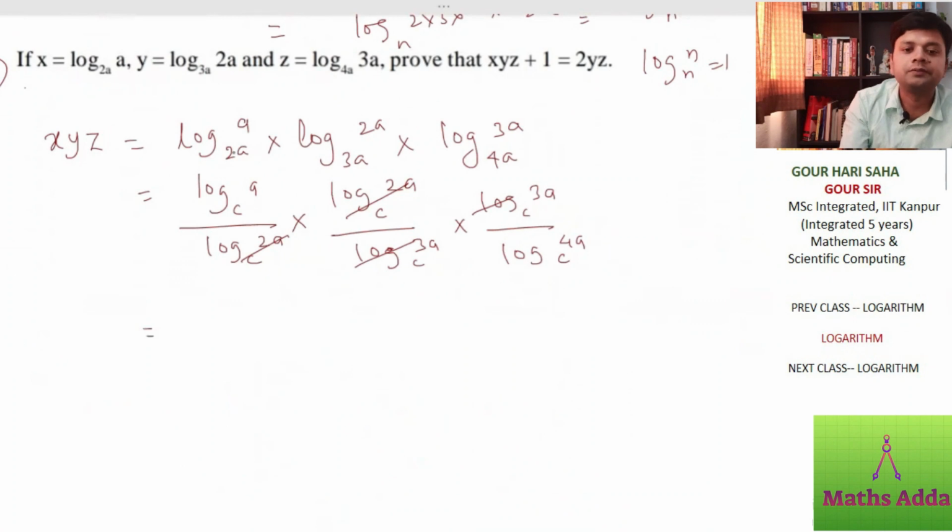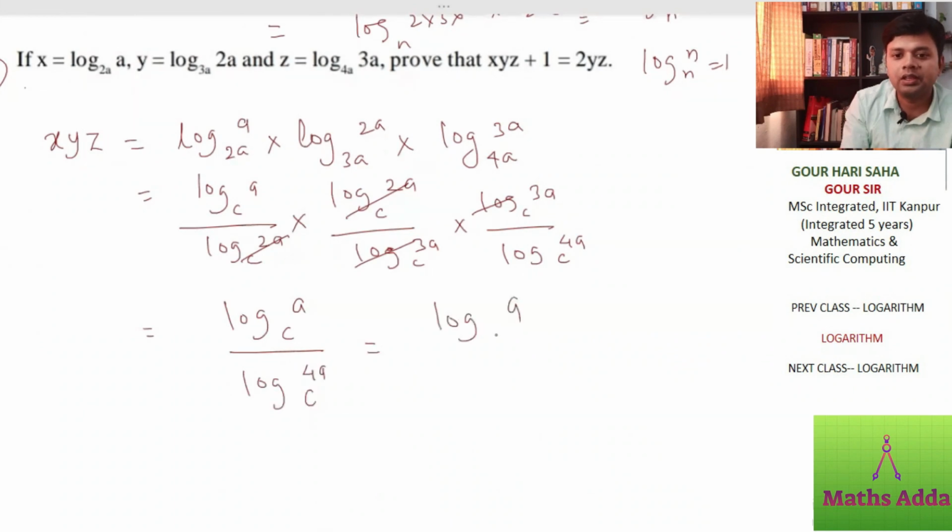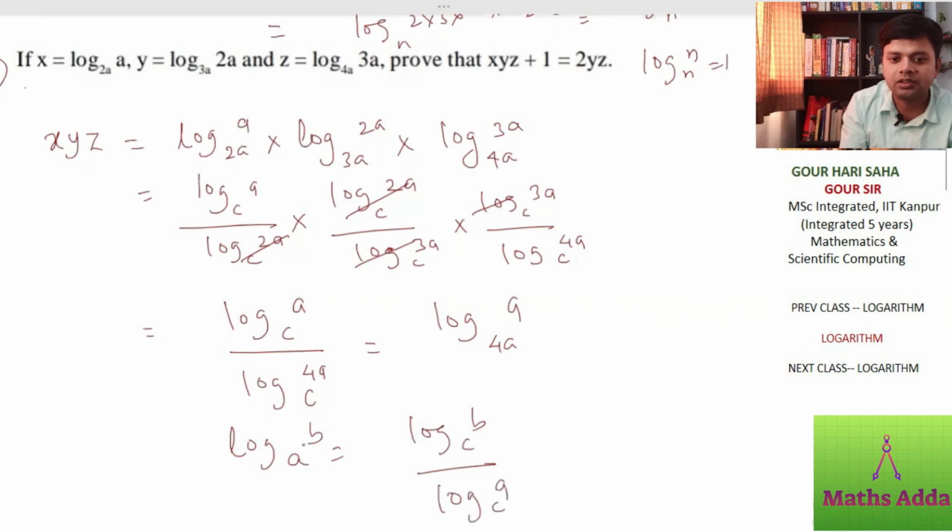It becomes log of a base c by log of 4a base c, which is log of a base 4a. This is applying the base change formula in reverse order. What I'm saying, log of b base a is equal to log of b base c by log of a base c. This was the formula, right?